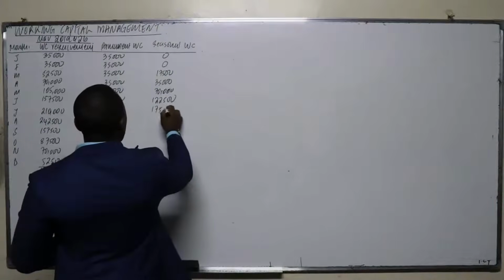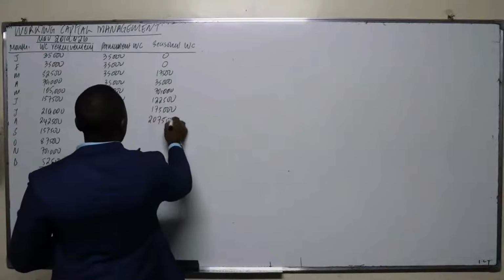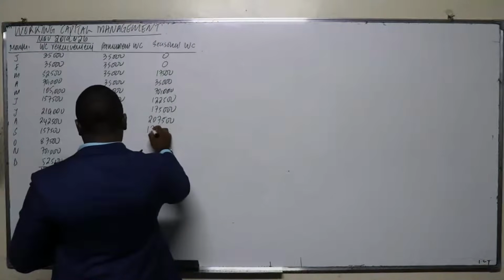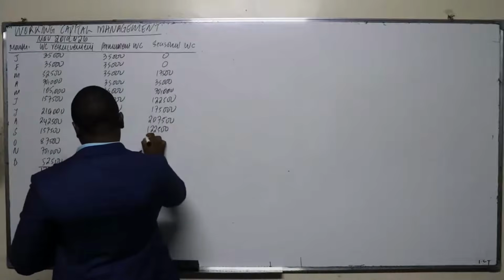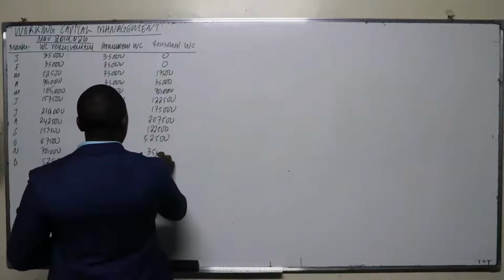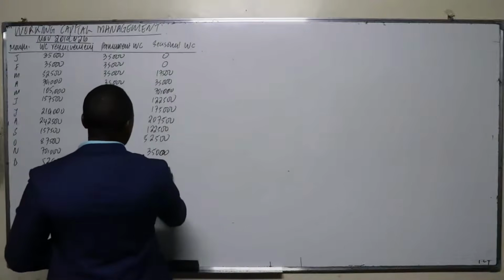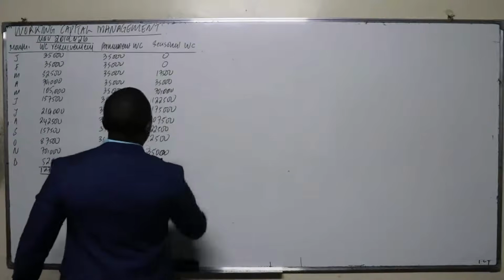This is 175,000. This is 207,500. This is 122,500. 52,500. 70 minus 35, that is 35. They have 17,500. Now add the total.